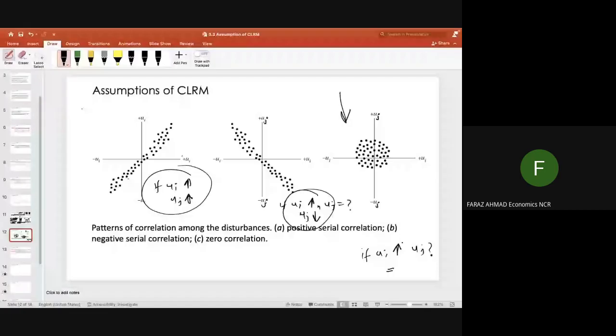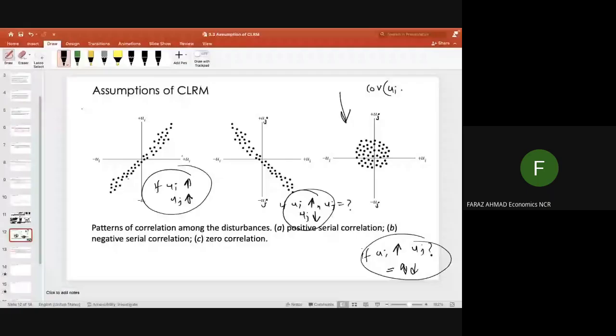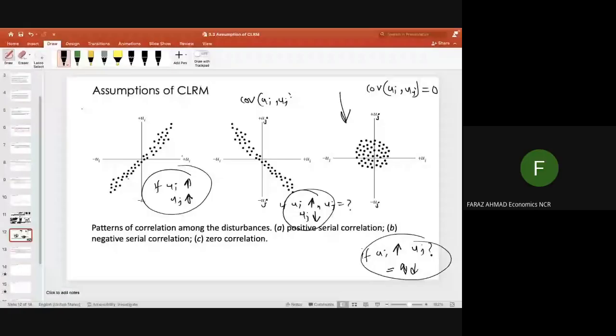Here, you are clear that if ui rises, uj will fall. Here, you are not clear. If ui rises, what happens to uj? You can't say anything. It could rise, it could fall. It means covariance between ui and uj is zero. Here you would say covariance between ui and uj is negative. Here you would say covariance between ui and uj is positive. So we want this to happen.